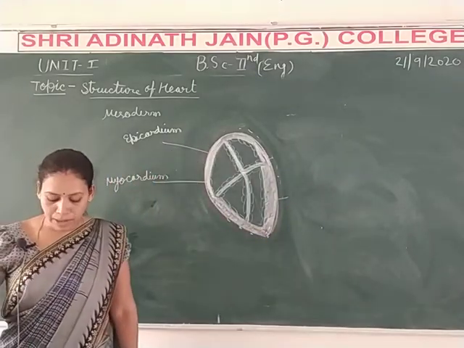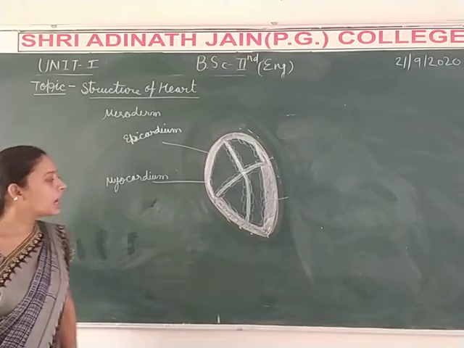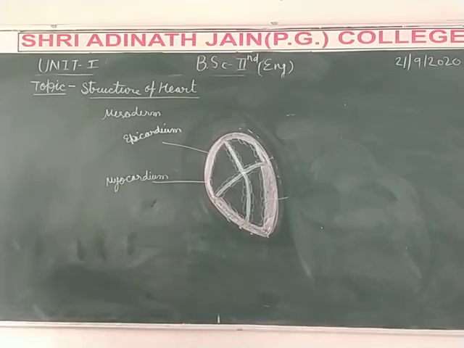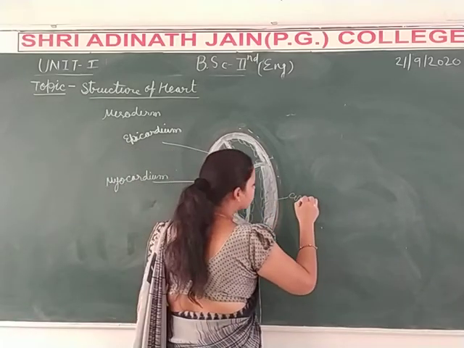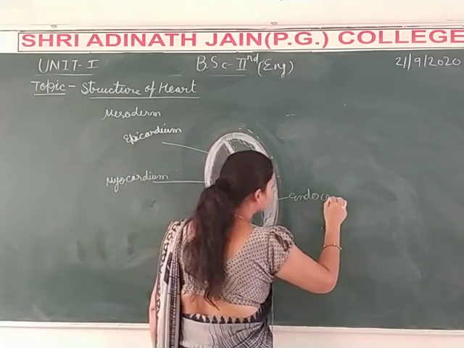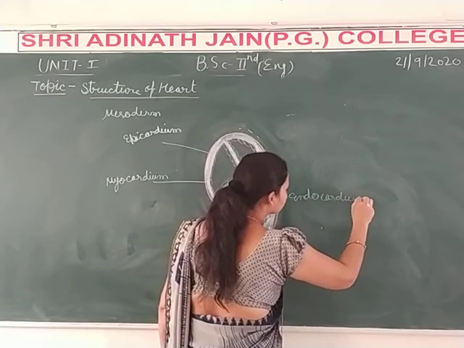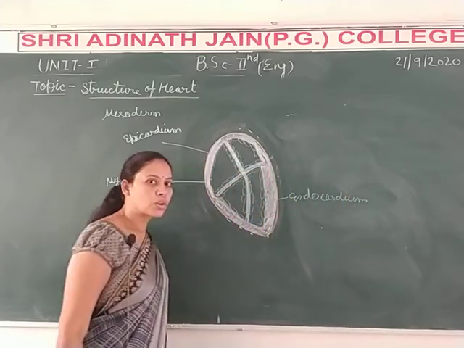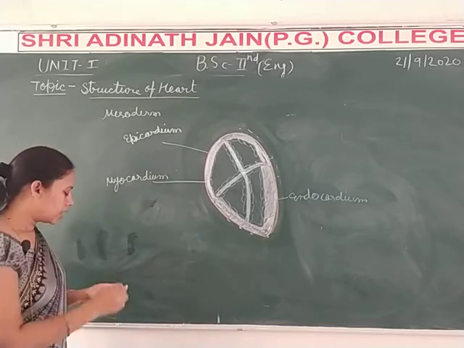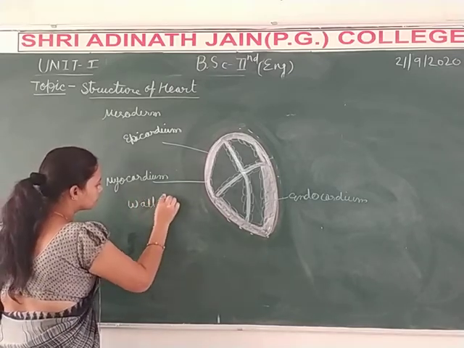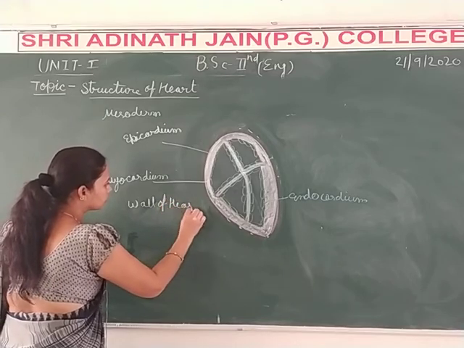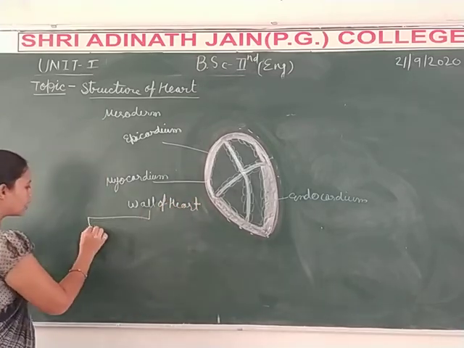Epicardium, myocardium, and last is endocardium. So now we can say the wall of heart has 3 layers.